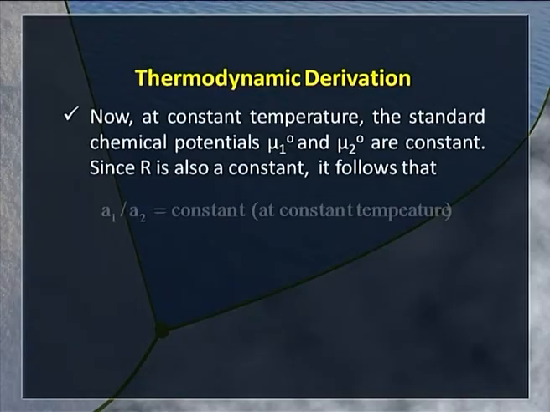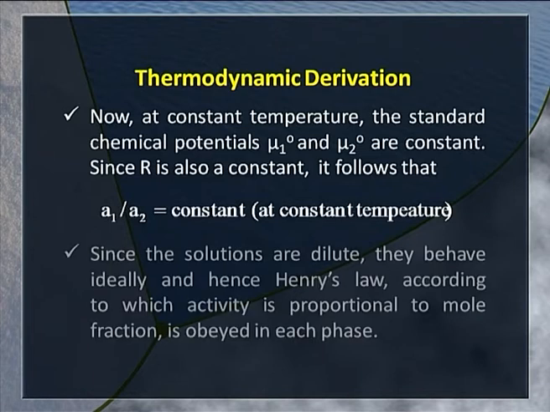Now, at constant temperature, the standard chemical potentials mu1 naught and mu2 naught are constant. Since R is also a constant, it follows that A1 by A2 is also a constant. Always we have to consider constant temperature. We have also taken care to keep the solutions dilute, and in such conditions they behave ideally, and hence Henry's law, according to which activity is proportional to mole fraction, is obeyed in each phase.